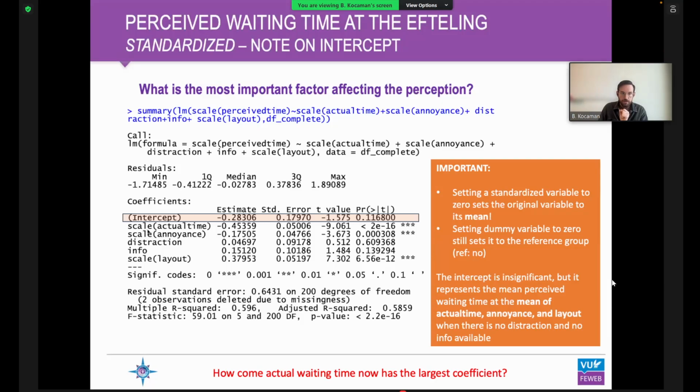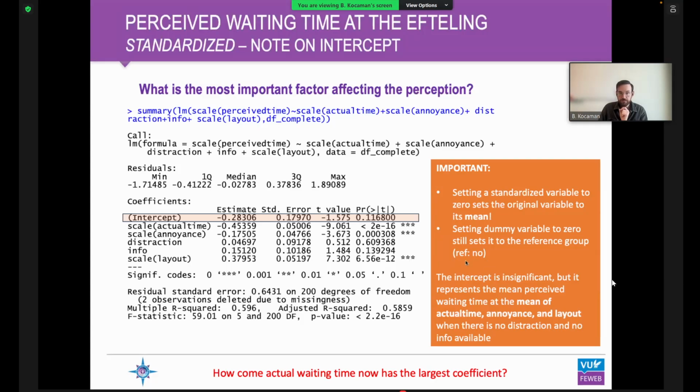Here, when we say the standardized actual time, standardized annoyance, and standardized layout are 0, it actually means that actual time is at the mean, annoyance is at the mean, and layout is set to its mean, okay? And for distraction and information, it means that we set them to their reference group.